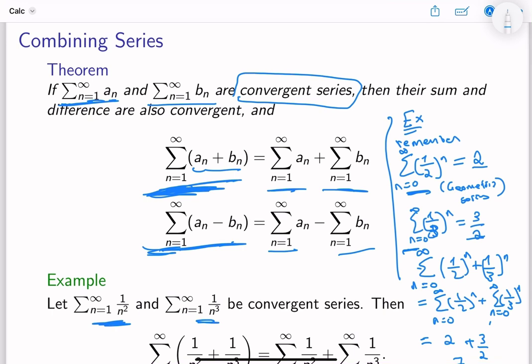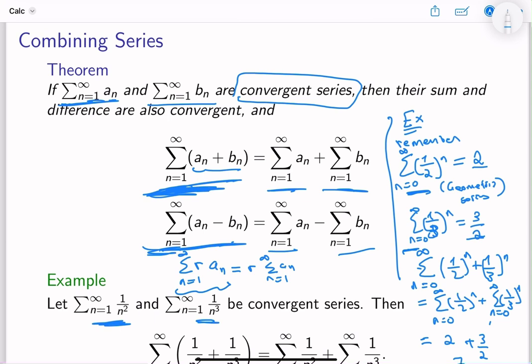In particular, if we multiply by a number r, if we have the sum from n equals 1 to infinity of r times a sub n, we can take the r outside, because if the series is convergent, this is just a limit.